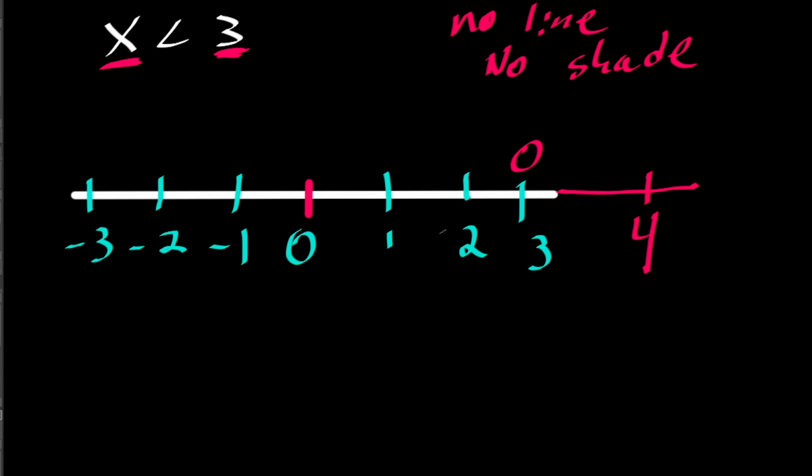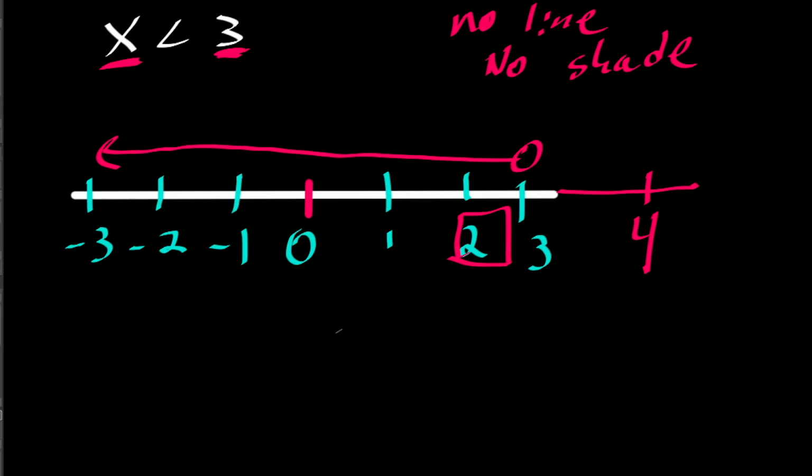If we go to the left, we're going to go to 2. Now, which one of those is less than 3? 2 is. So we want our arrow to point at all the values that are less than 3. So if 2 is less than 3, we want our arrow to point to the left.